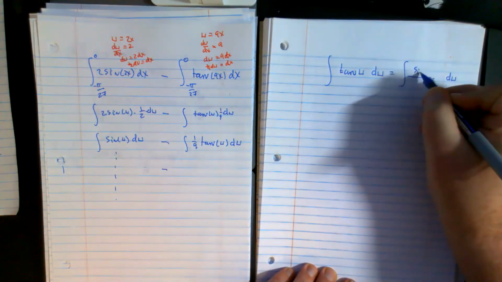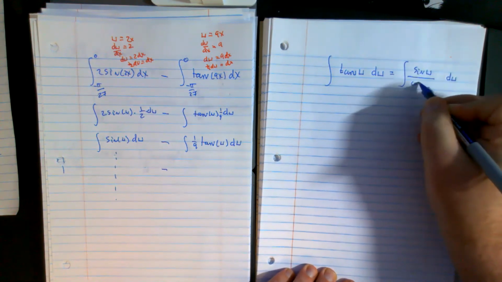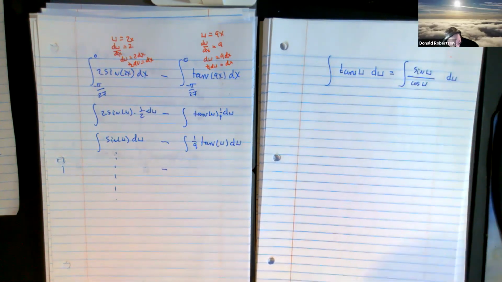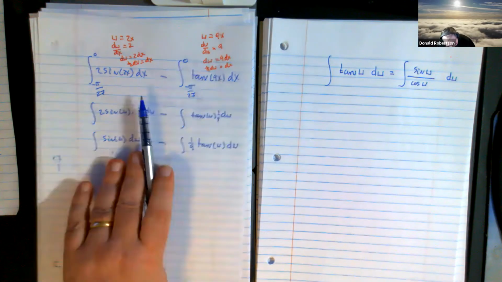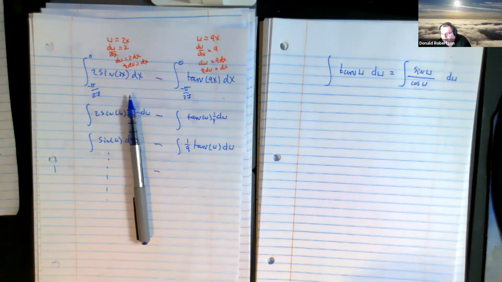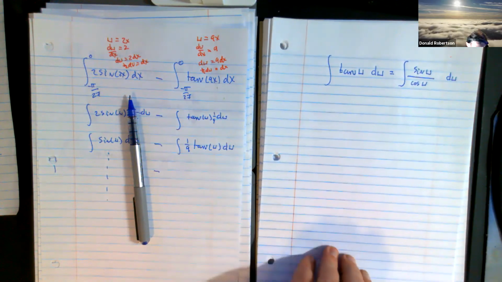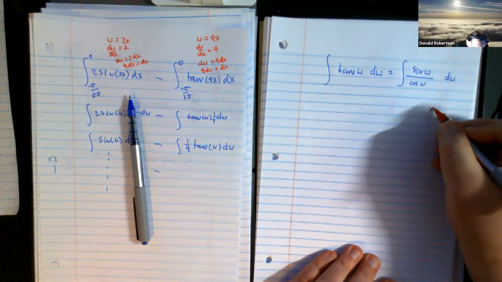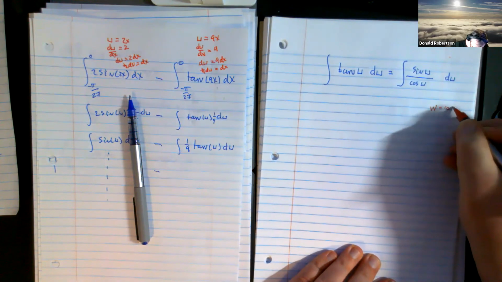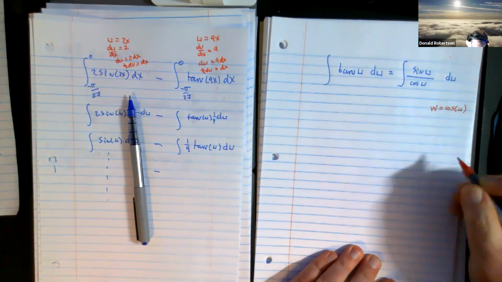Yes, it is. And you might say, oh, well, how is that going to help me? Well, I'm going to have to change the name. It's not going to be called a u sub. I'm going to have to call it, what letter in the alphabet do you want? A w sub? Let's do a w sub. Make w the cosine of u.